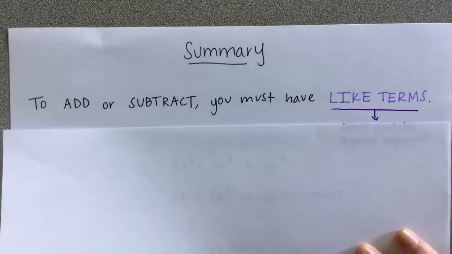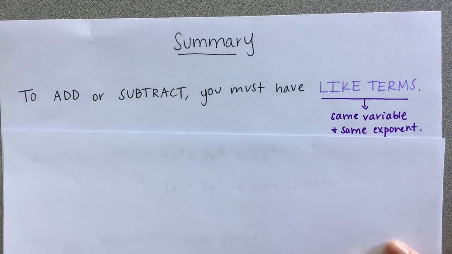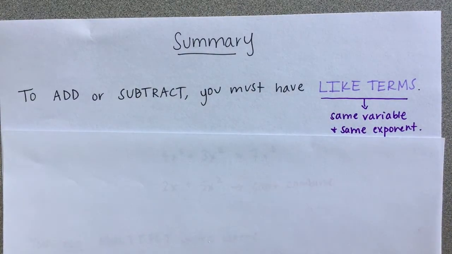All right, so in summary, what we've gone over here in this little video. To add or subtract, you must have like terms, which means you must have the same variable and the same exponent.